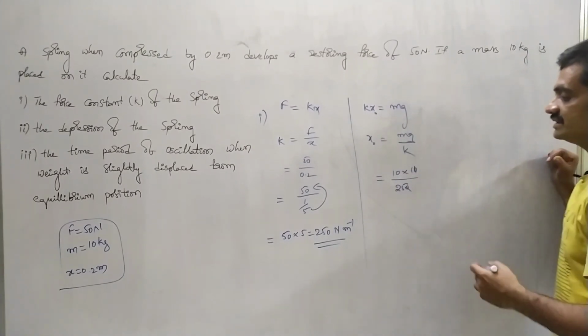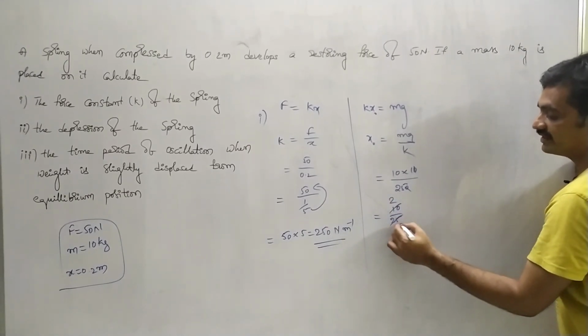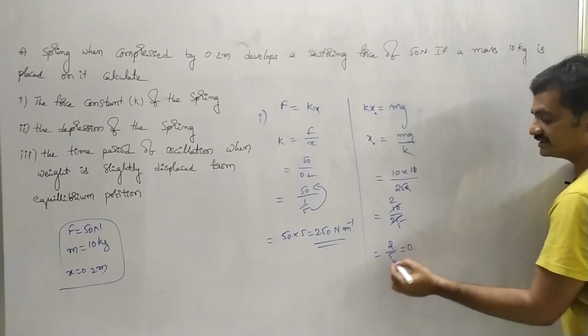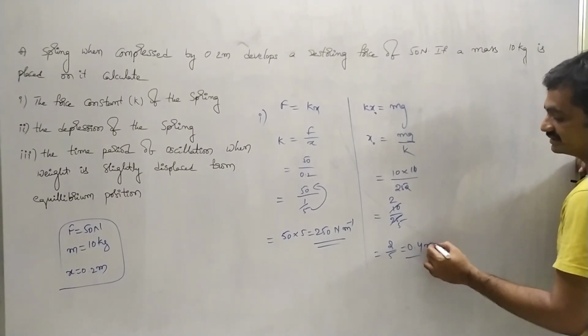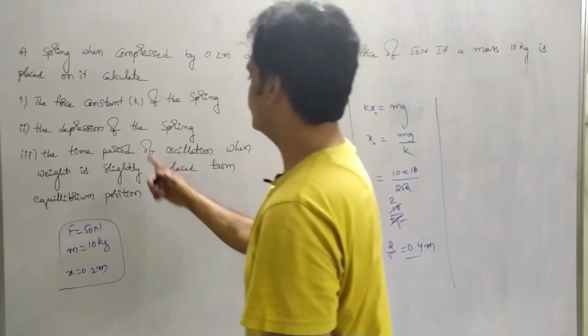Observe that the 10 gets cancelled and we have 10 by 25, which is 2 by 5. 2 by 5 can be represented as 0.4 meters. This is the depression of the spring.